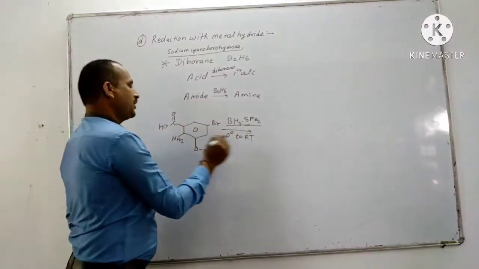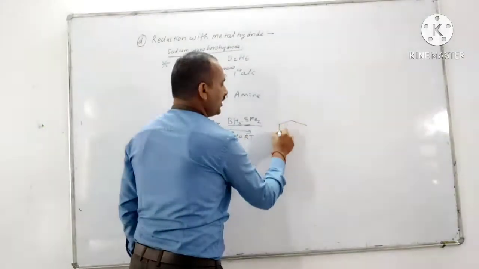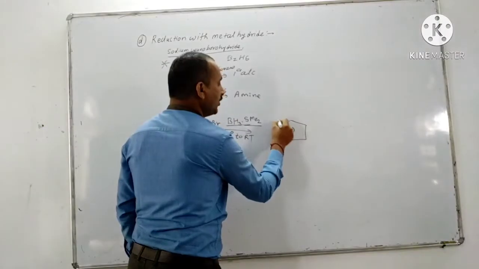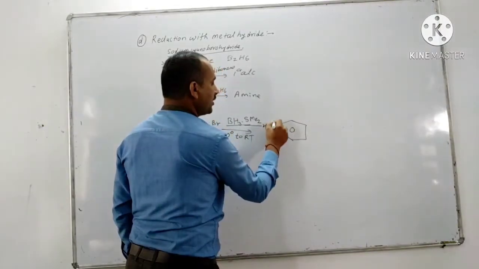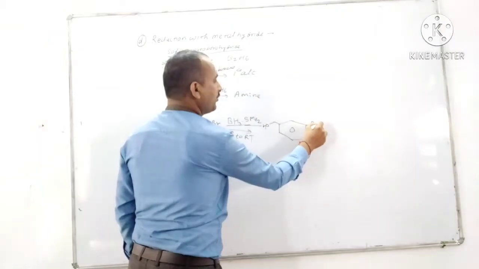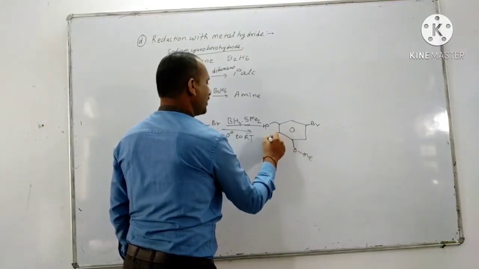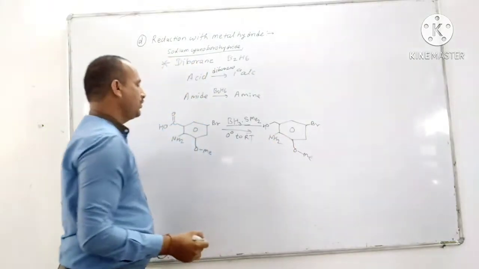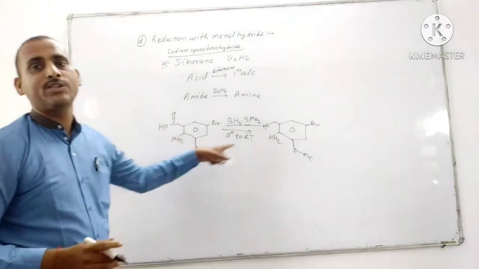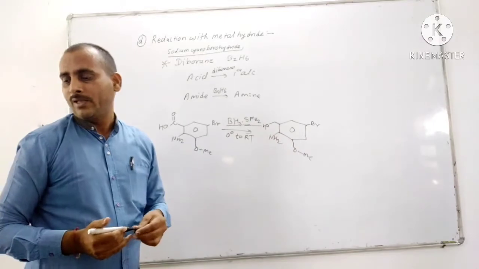So it selectively reduces the carboxylic acid to form CH2OH. Here is Br, OMe, and here is NH2. So it selectively reduces the carboxylic acid to alcohol.